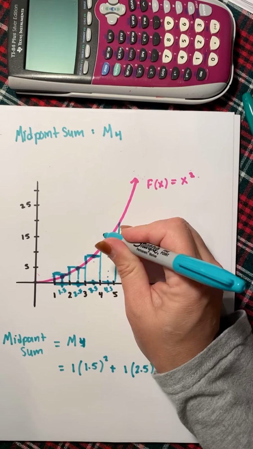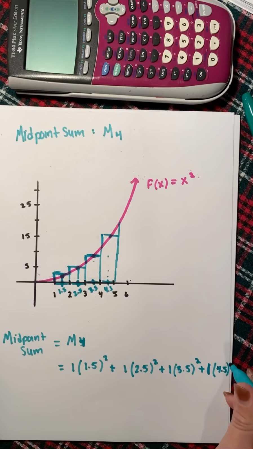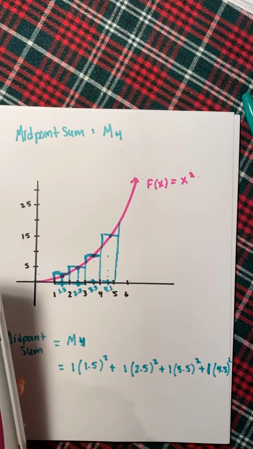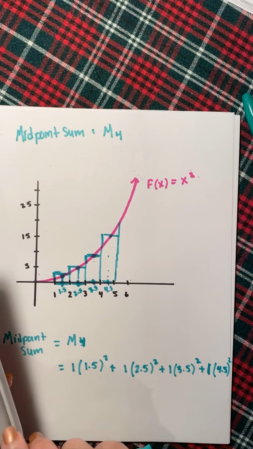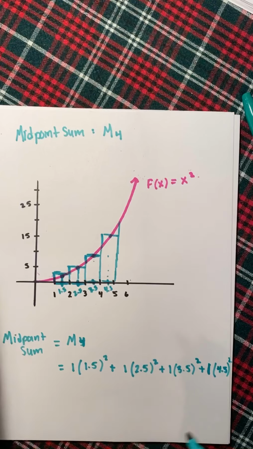Go to where that meets the curve, and it would be 4.5 squared. And I didn't add that one up yet, so let's do this right on my calculator. 1.5 squared plus 2.5 squared plus 3.5 squared plus 4.5 squared, and this gives me 41.